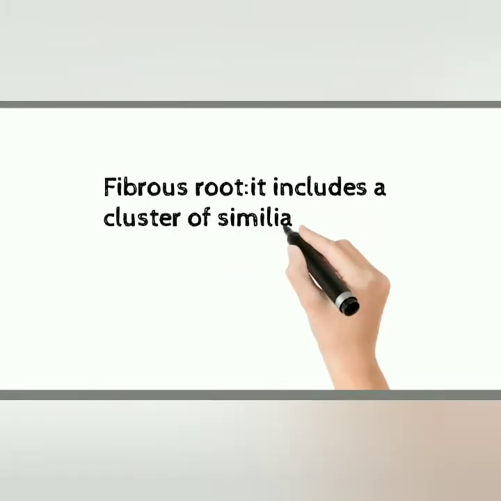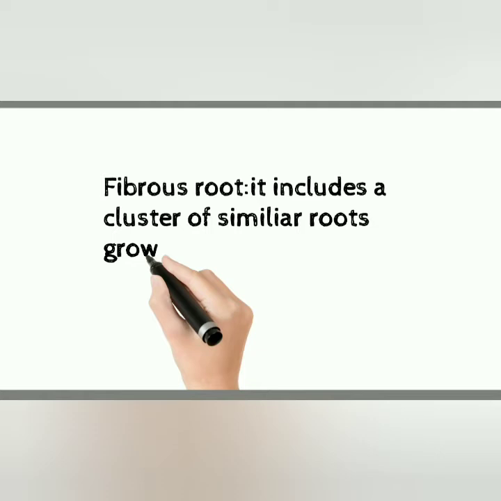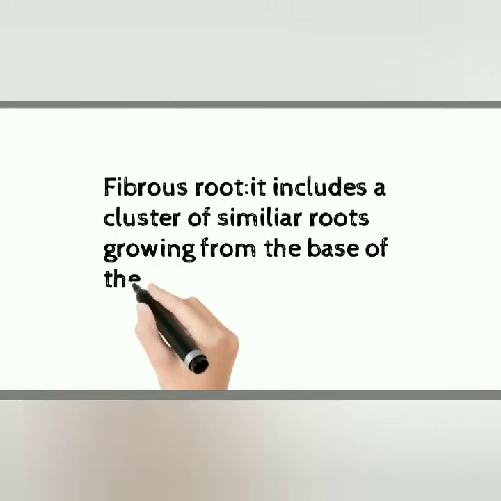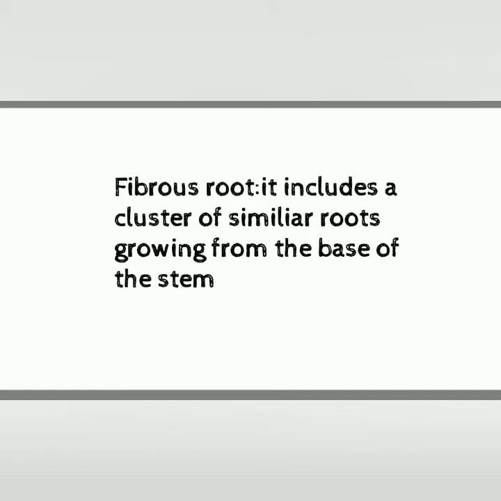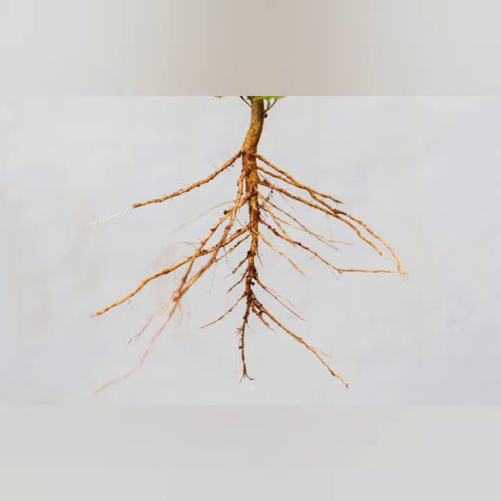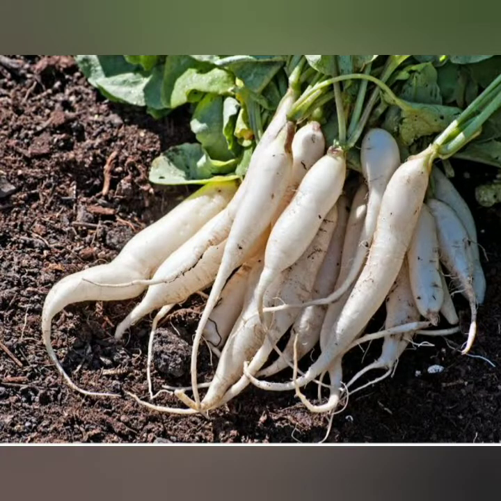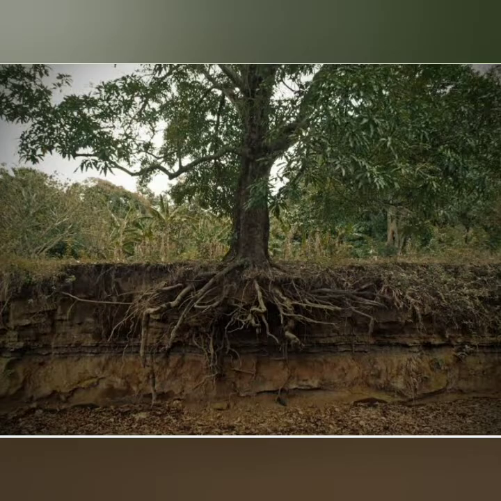Okay, fibrous roots means many roots arise from the base of the stem, while taproot system means one large root grows down from the stem and other small roots grow from this root. This is taproot. Now we will see some examples for taproot system and fibrous root system.